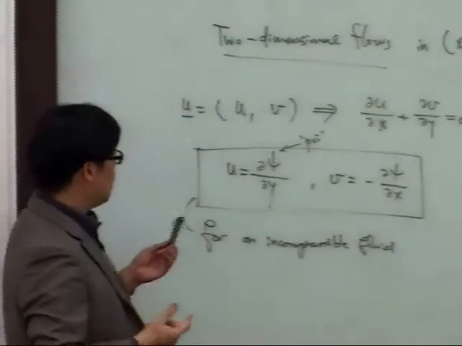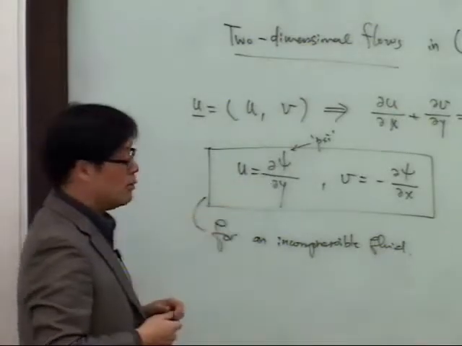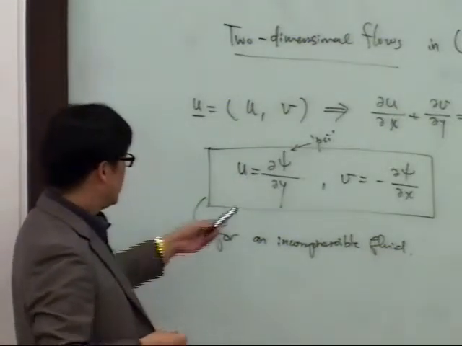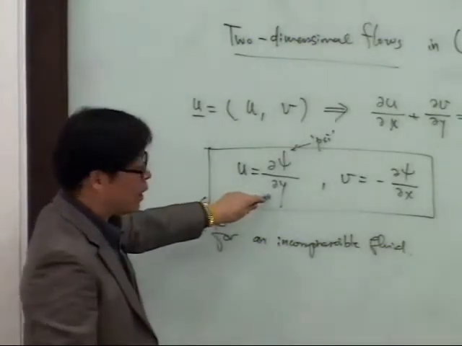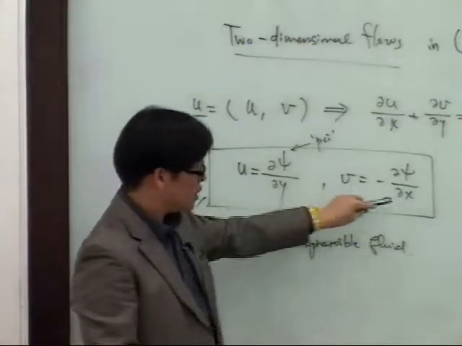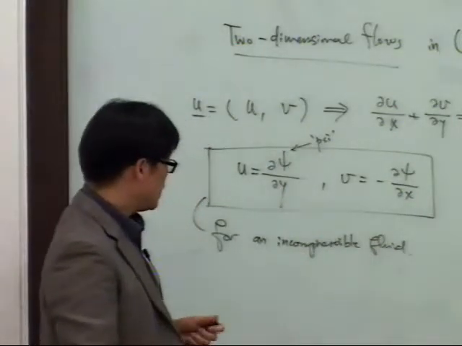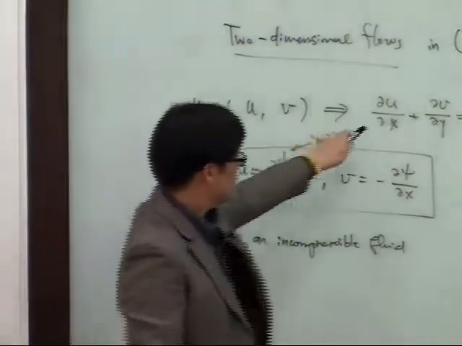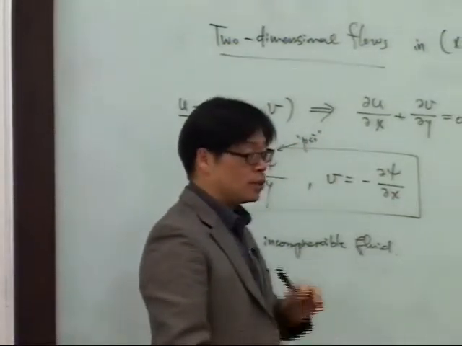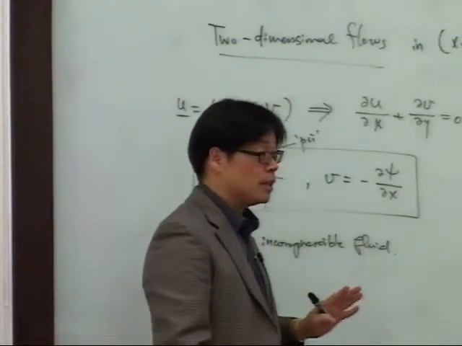So for two-dimensional flow, we can introduce some function psi, and then the u velocity is defined by d psi dy, and v as minus d psi dx. Then this equation is automatically satisfied, so you don't have to worry about conservation of mass.